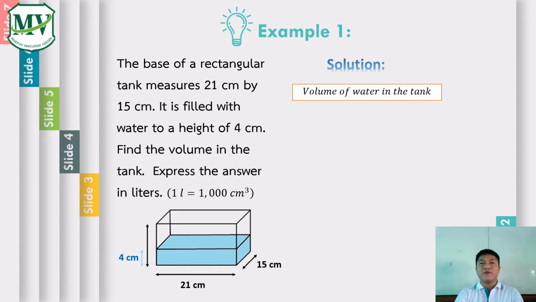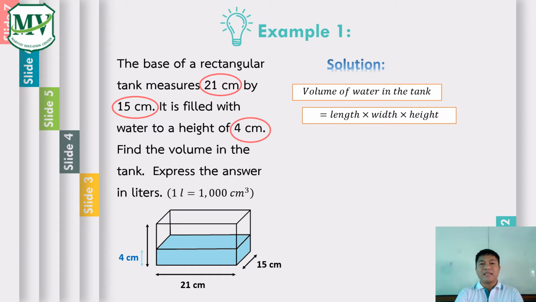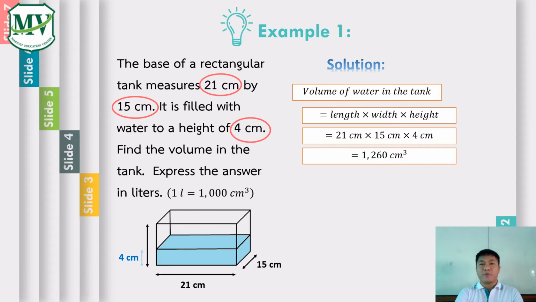That is, volume of the water in the tank is equal to length times width times height. Since the length of the rectangular tank is 21 centimeters, the width measures 15 centimeters, and the height of the water inside the tank is 4 centimeters, then multiply the three values, and the product is 1,260 cubic centimeters.